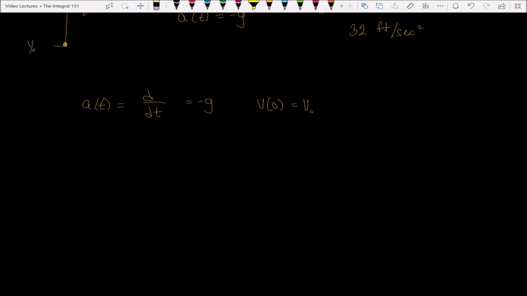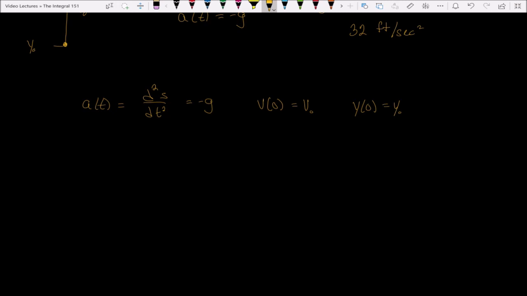It's actually equivalent to solving this: the second derivative of s with respect to t is negative g, given v of 0 is v naught and y of 0 is y naught. This is still an initial value problem. It's just a second order initial value problem.